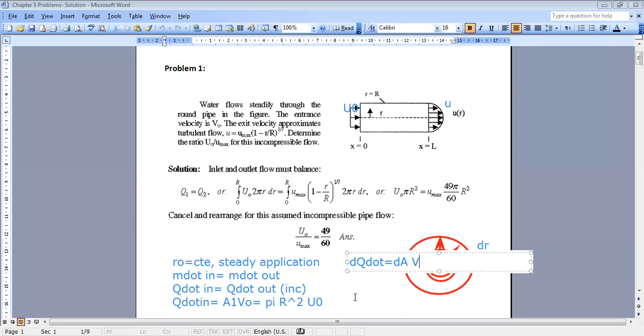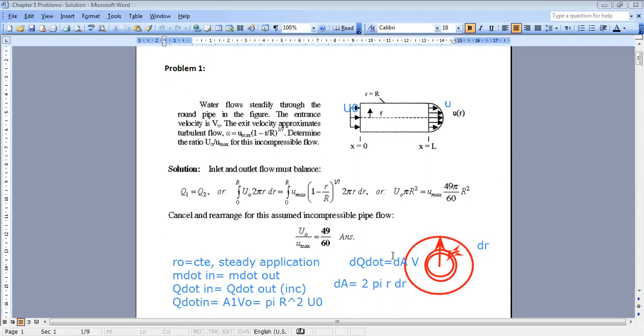So here your elementary area will be the thin disk. What is the expression of dA? dA is equal to 2 pi r dr. Then for this small element I have the same velocity, and I can replace the velocity by its expression, which is u max times 1 minus r over R to the power 1 over 7.